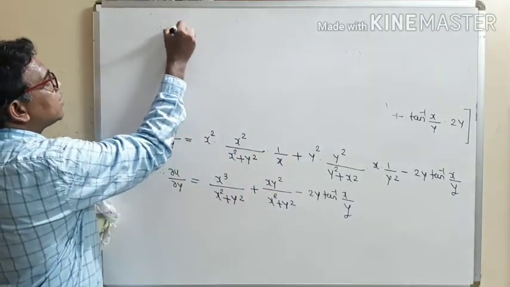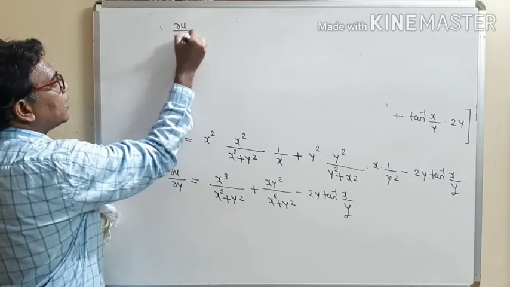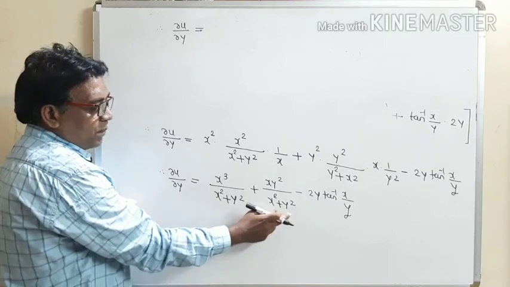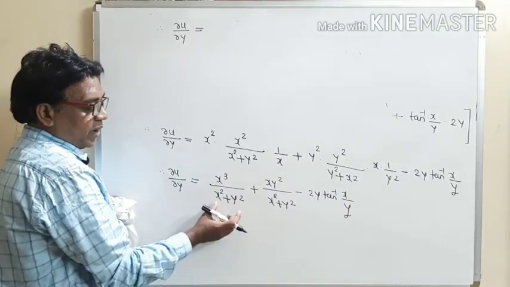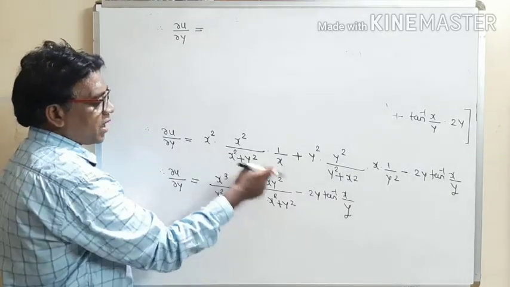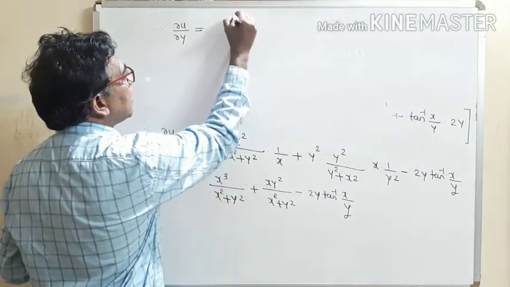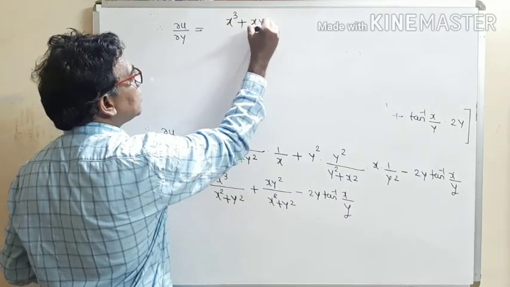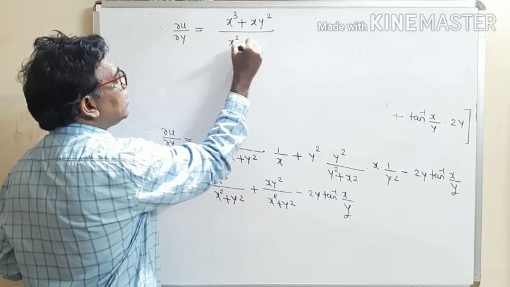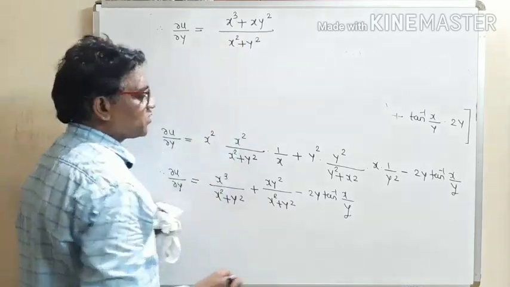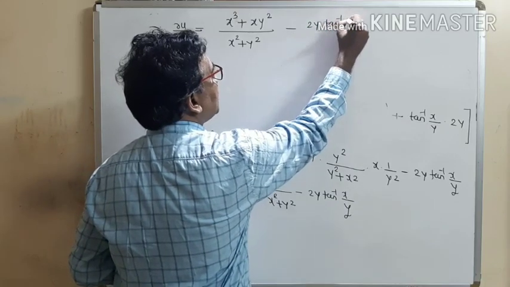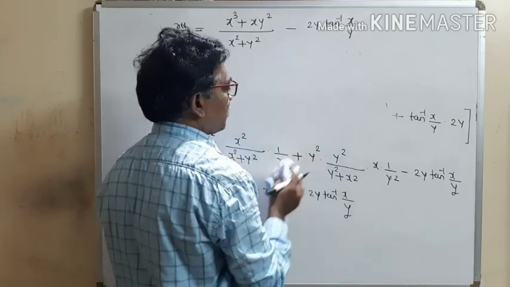So simplify this step, ∂u/∂y, this is equal to, now combine these first two terms, x square plus y square, it is the same term which is term of LCM, so just add numerator, this is x cube plus xy square divided by x square plus y square minus 2y into tan inverse x upon y.